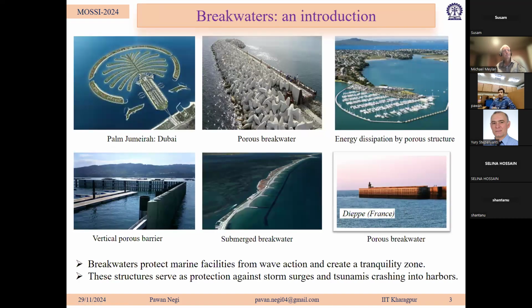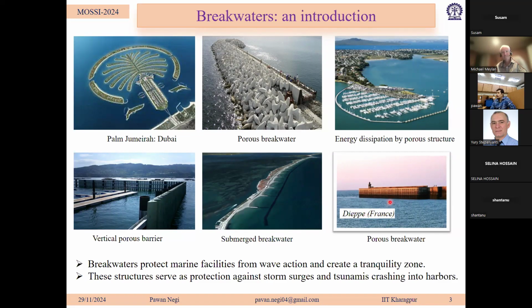So as we know, the breakwaters are used to create a tranquillity zone for various humanitarian activities. Here we can see a breakwater creating a tranquility zone for the parking of the ship and other humanitarian activities. And here's a picture of the Palm Island in Dubai, where we have a lot of entertainment facilities over this region.